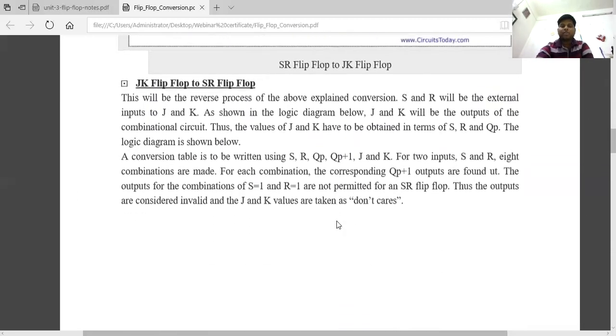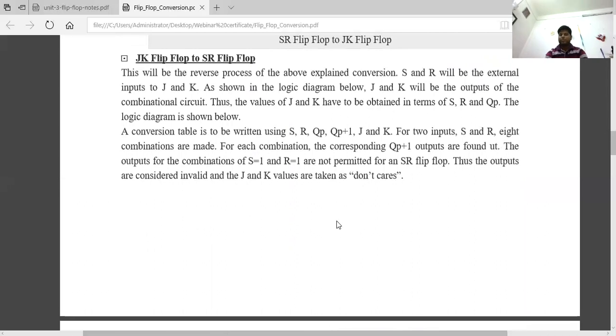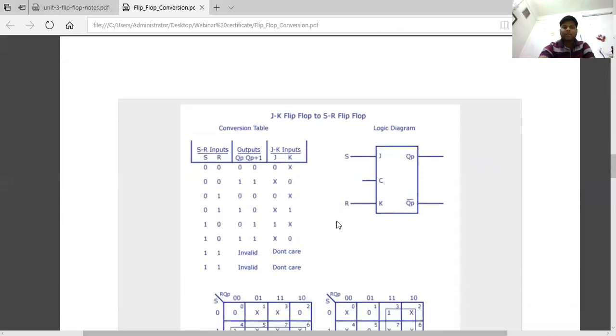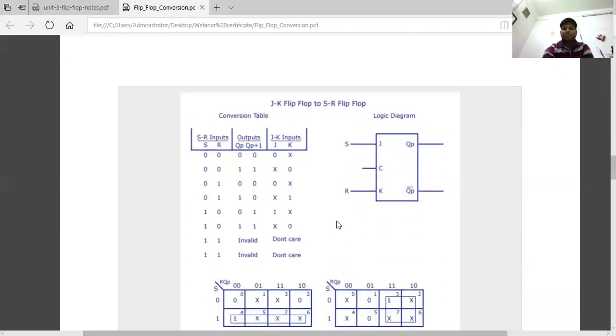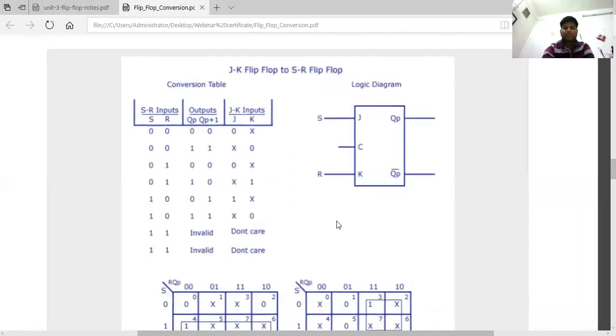Another one we have to do is JK flip-flop to SR flip-flop, just the reverse. The same conditions we have mentioned, and first we make the conversion table. In the conversion table, we start with the SR input section and the output section QP and QP plus 1 for the flip-flop, and after that we convert into the JK input section.